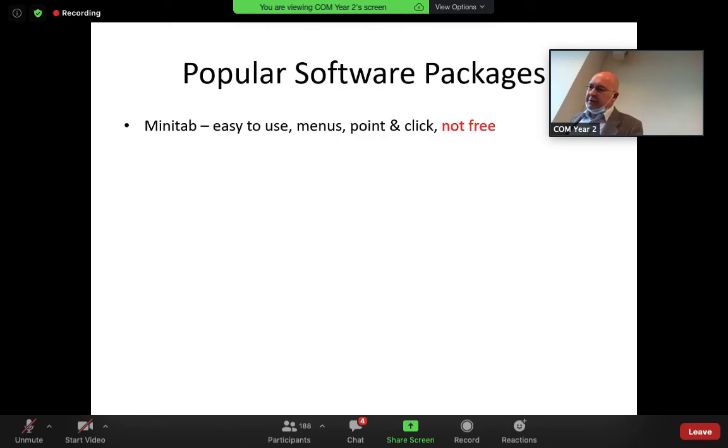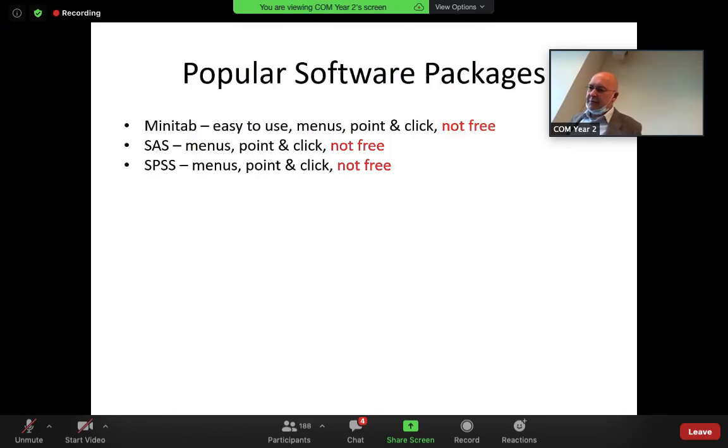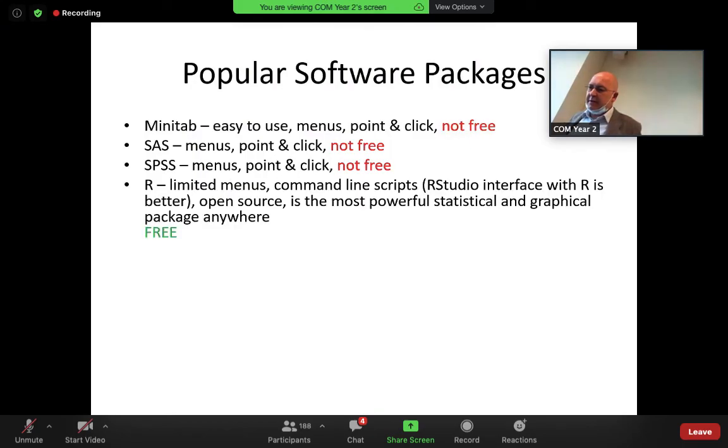Okay, I'm just going to finish. My very last slide is about software packages. Yeah, Minitab is nice to use. A lot of people use this in sciences. Trouble is it's not free. SAS is also menus, nice and easy to use, but not free. SPSS, similar.